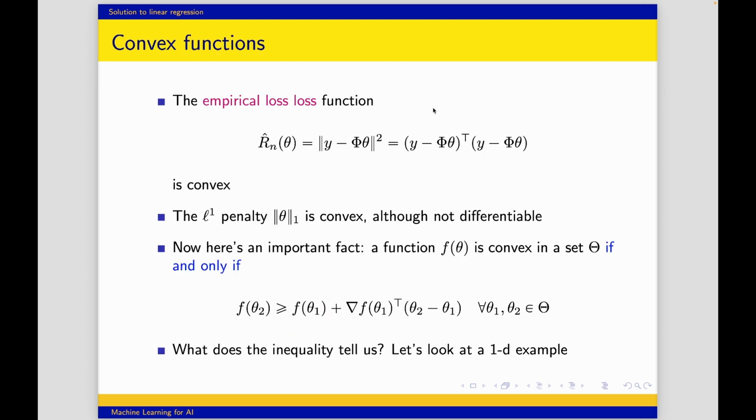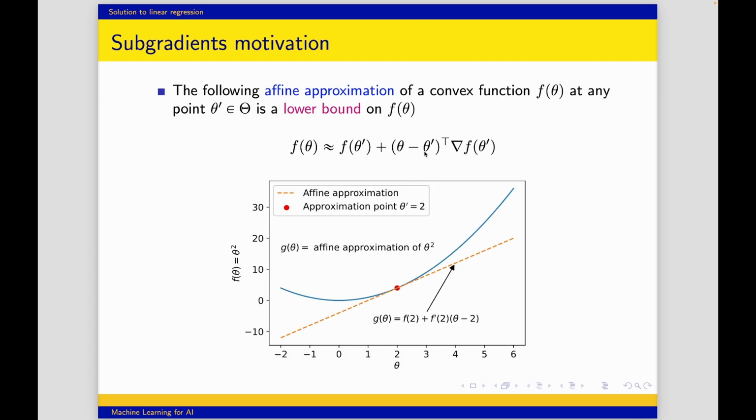Right? So if we replace theta 2 with theta and theta 1 with theta prime, f of theta is going to be greater than or equal to f of theta prime plus the gradient of this transpose theta minus theta prime, which is exactly what I've written here. So this affine approximation of our function locally around theta prime is a lower bound on the function of theta locally.